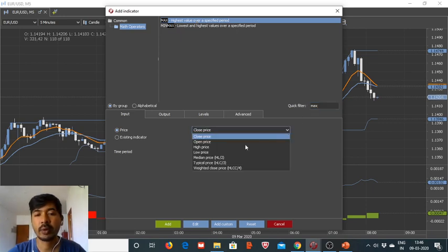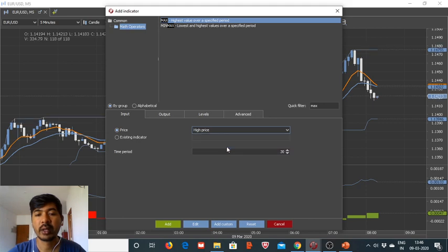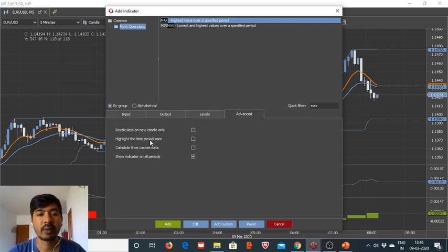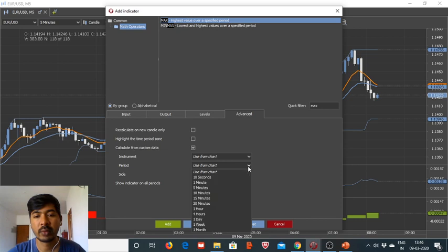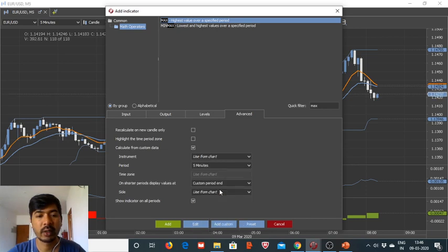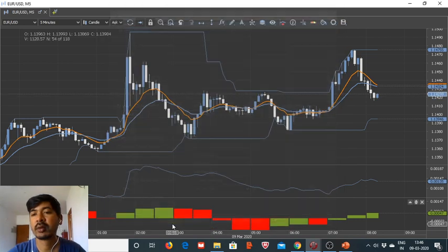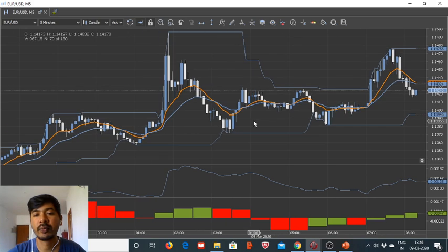Here also we will use the highest value and define it at 24. We will define the custom time, calculate from the custom data. It is 5 minutes, and so far so good.